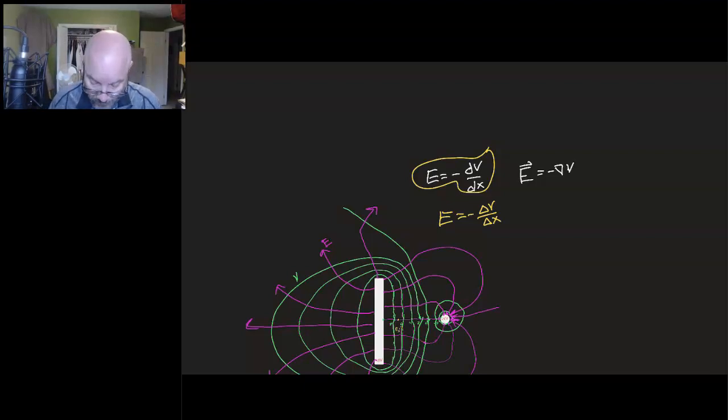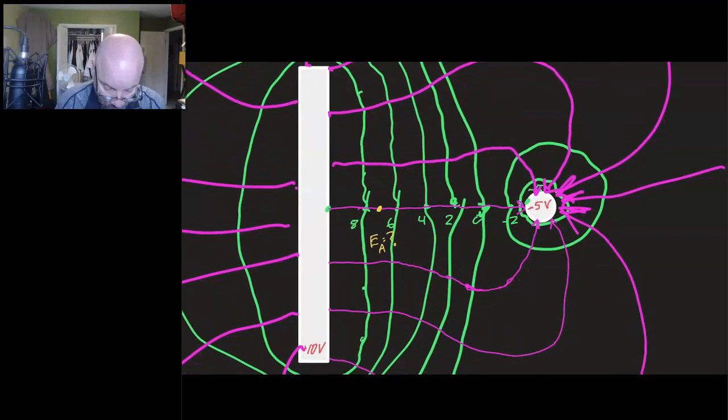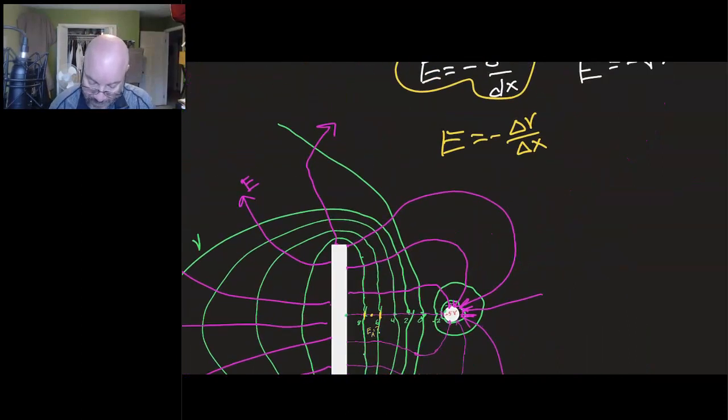And so then we come back to our location of interest, and I know it's 8 over here and I know it's 6 over here. So we have minus our delta V, and we'll go left to right, or right minus left. So end point minus beginning, just like if you were integrating. So that means we're going to have 6 minus 8.